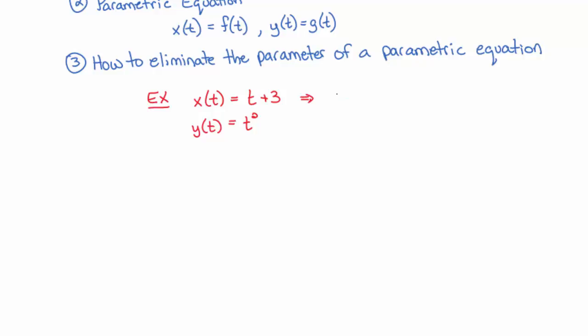So x minus 3 must equal t, and then plug that into the second equation to create a relationship. Since t is equal to x minus 3, t squared must be x minus 3 quantity squared, and then you have a relationship between your x and y. This will look sort of like a parabola.